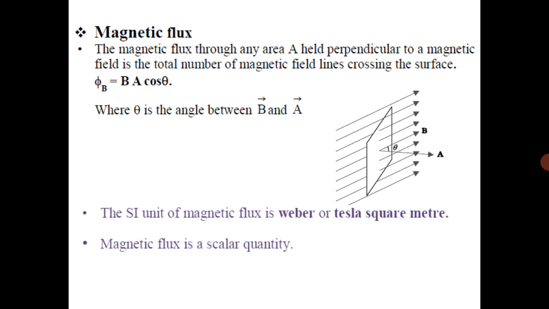Capital T, small m square, like this. This question has come in the exam: write the SI unit of magnetic flux. And it is a scalar quantity. Flux is a scalar quantity. Field and area are vectors, and their dot product is a scalar.